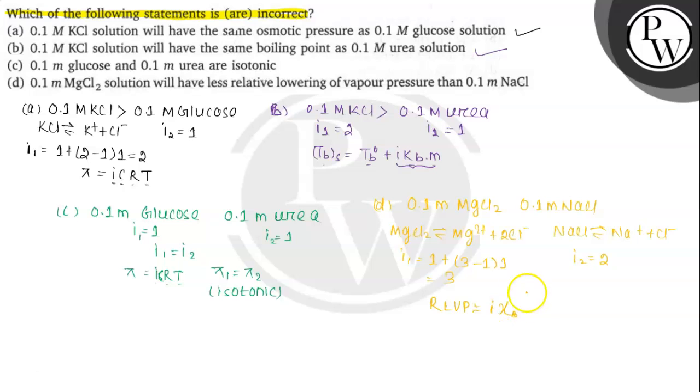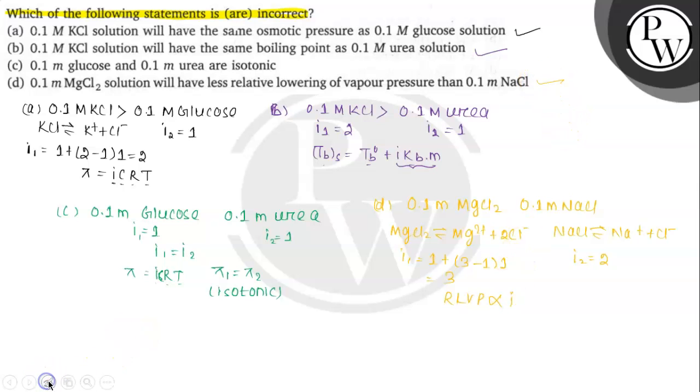So it is directly proportional to the van't Hoff factor. The more the van't Hoff factor, the more the relative lowering of vapor pressure. That means 0.1 molality MgCl2 solution has more relative lowering of vapor pressure than 0.1 molality NaCl, as the van't Hoff factor in case of MgCl2 is 3 and in case of NaCl is 2. So option D is also incorrect.